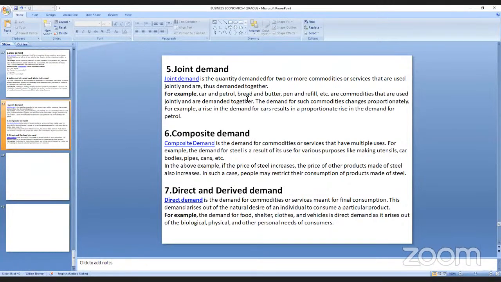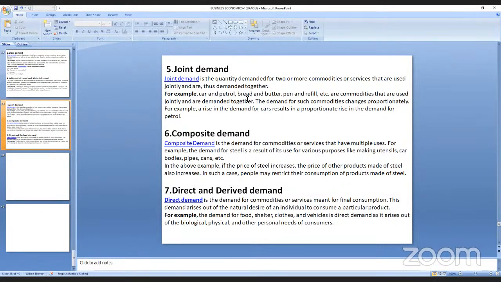Yes, ma'am. So here, direct and derived demand. Yes, someone is asking. Direct demand means demand for commodities and services for final consumption. For example, demand for food, shelter, clothing.